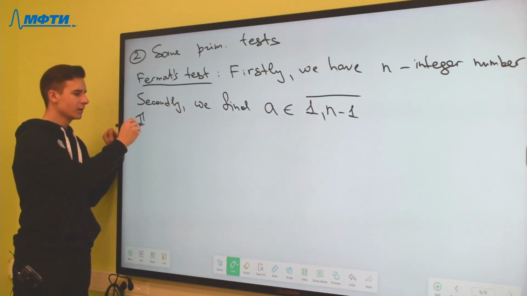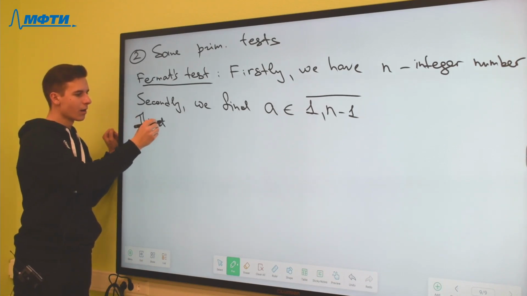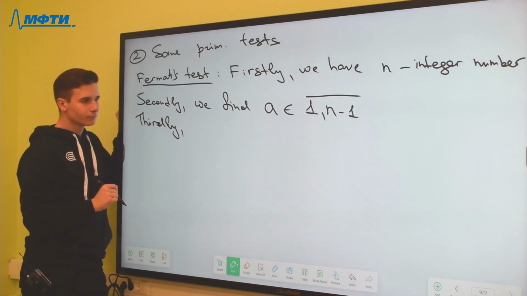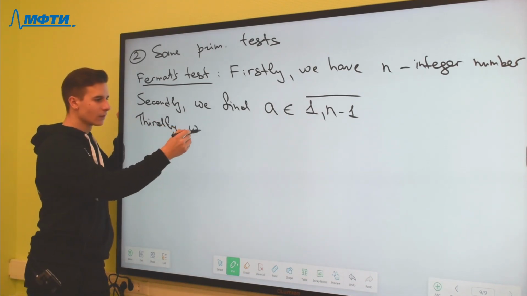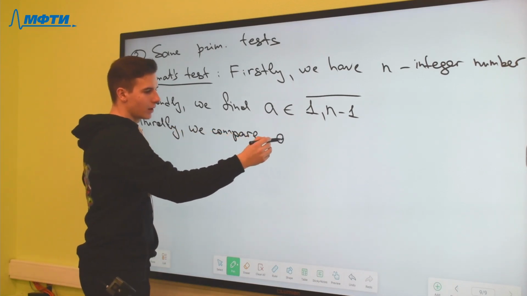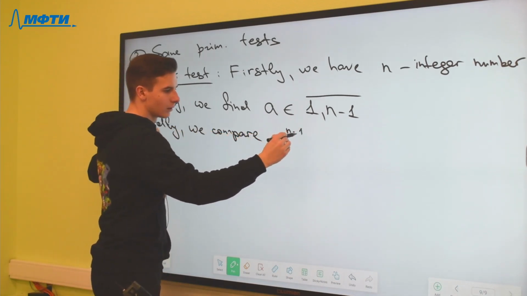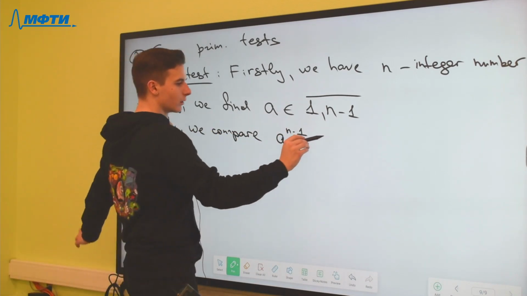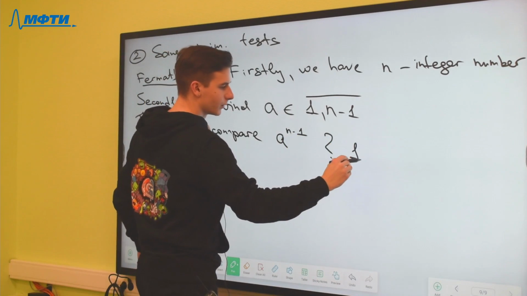And thirdly, we compare a to the power n minus 1 with 1.